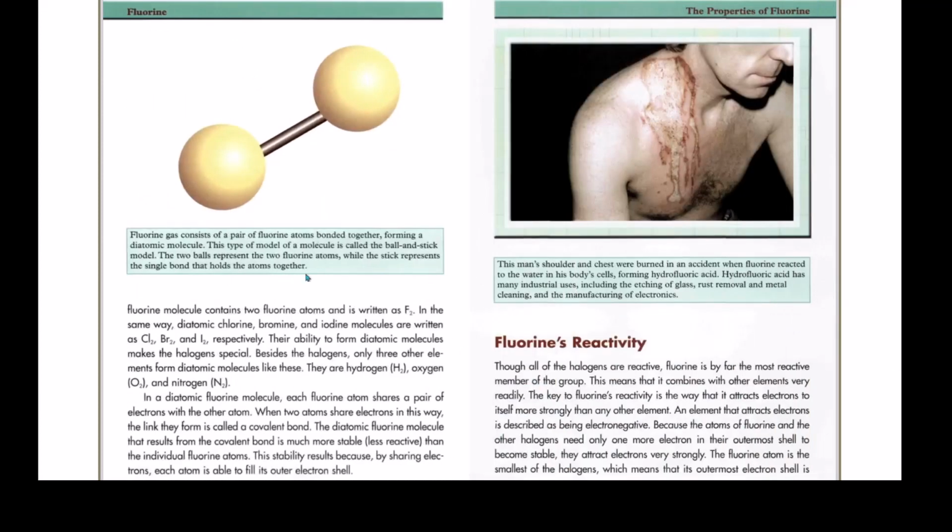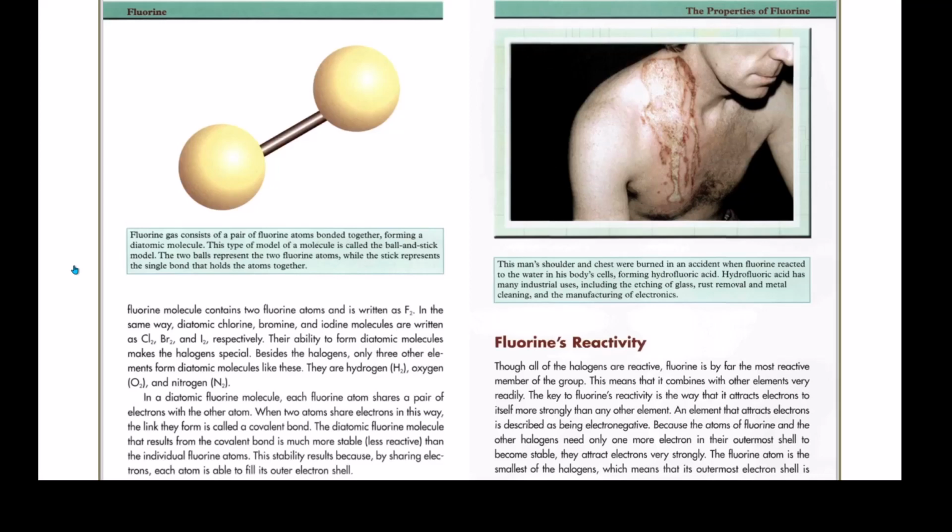The diatomic fluorine molecule contains two fluorine atoms and is written as F2. In the same way, diatomic chlorine, bromine, and iodine molecules are written as Cl2, Br2, and I2, respectively.